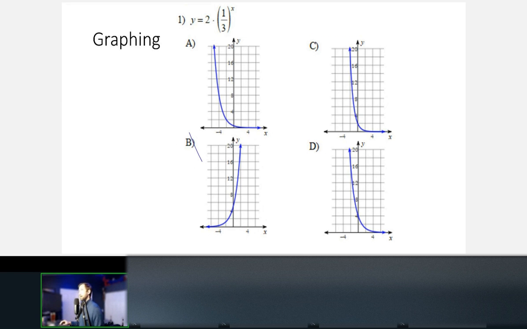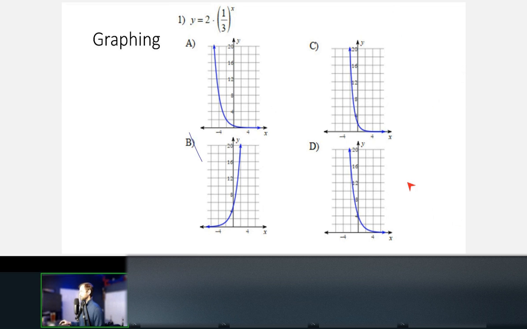Now, we have to use other characteristics of this graph to help us identify the correct answer. Sometimes, or maybe a lot of times, if there's no horizontal shifting going on, we can probably find one of our coordinates. What's an easy coordinate to find in this equation?